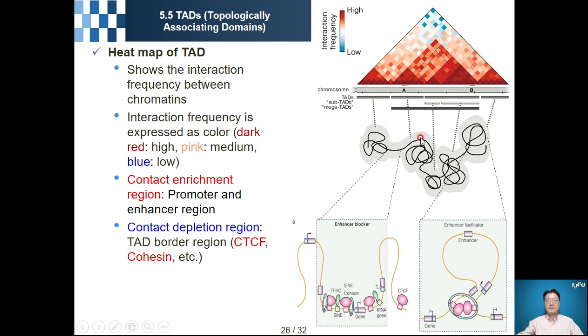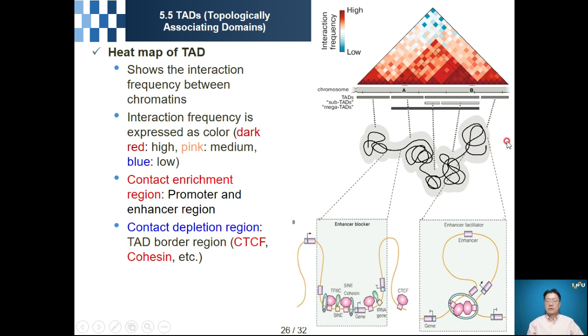Okay, so let me start with the contact enrichment region. This is the chromatin structure. Around here is one compartment, and this is one compartment, one compartment, one compartment, and one compartment. Within a compartment, self-interaction happens very actively. Let me start with this compartment.